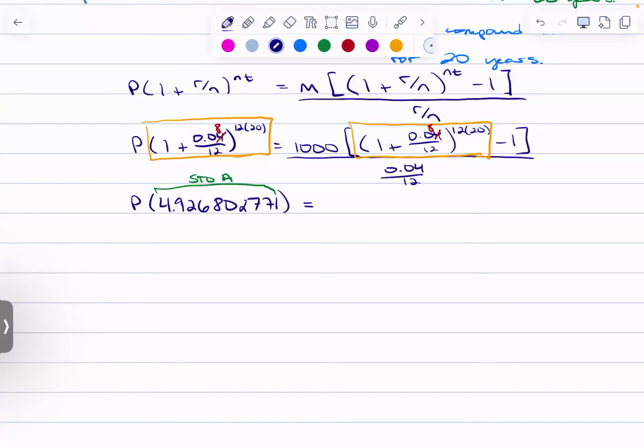And that's gonna be equal to 1,000 times, and I'm just gonna write store A because I'm lazy, minus 1, over 0.04 divided by 12, mostly because I don't want to write out 0.00666 or whatever it is.